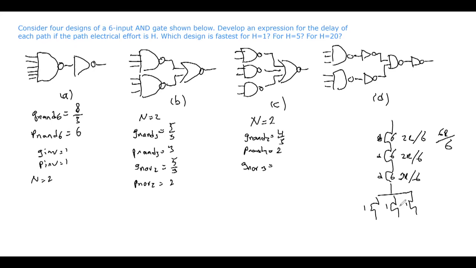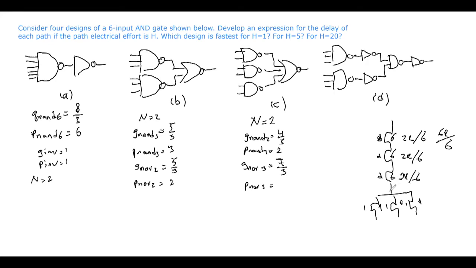And the NMOS transistors are all in parallel. We can assume that they are all size 1. So each input will have 6 plus 1, 7 units of capacitance divided by the input capacitance of our unit inverter. It's going to be 7/3. So P NOR 3, again, is going to be what?